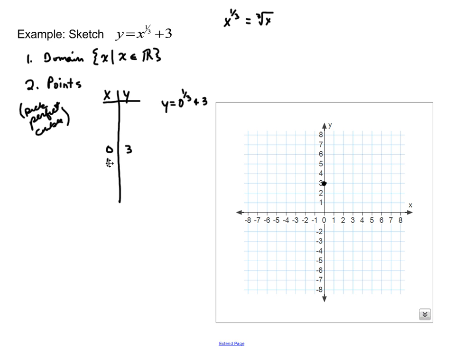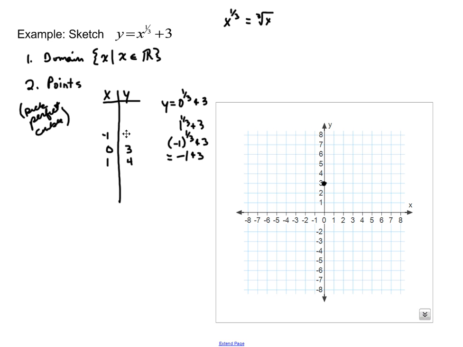How about 1? 1 is a perfect cube, right? So if we say 1 to the 1/3 power, we're taking the cube root of 1 and adding 3 to that. So that's going to give us 4. How about negative 1? Well, negative 1 to the 1/3 power added to 3 is exactly the same thing as negative 1 plus 3.